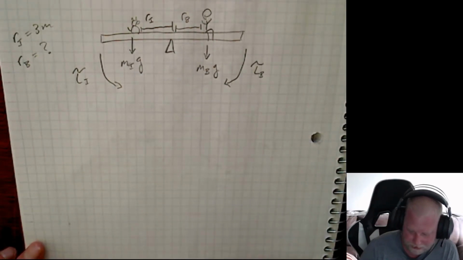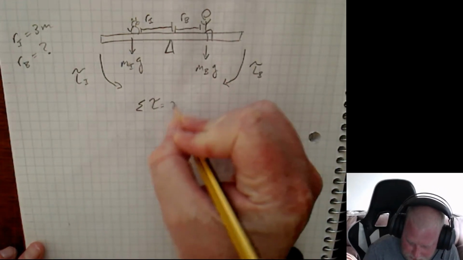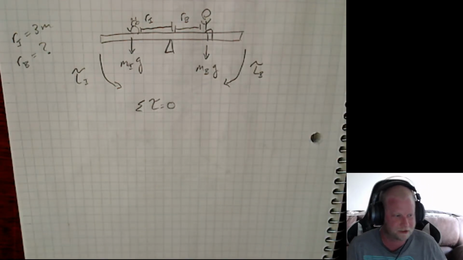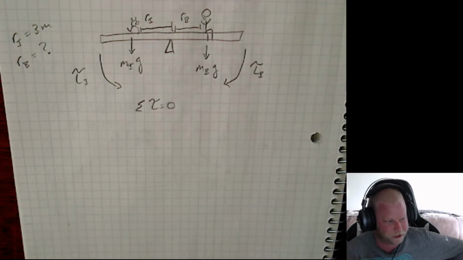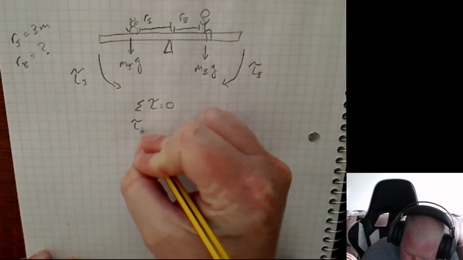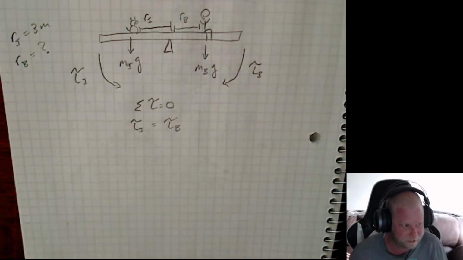Now, if this seesaw is balanced, then we know that the net torque has to be equal to zero. Right? Your clockwise torque has to equal your counterclockwise torque. So we know that the torque generated by Irving has to equal the torque generated by the boy.